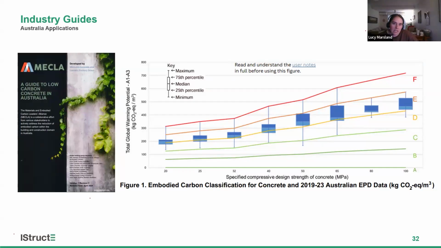The sorts of industry guidance, similar to how the iStructE supports structural engineers, the intent is to support everyone, and we see some of the supplementary guidance to support those strict measurement protocols, including the grading of concrete based on carbon intensity recently come out.